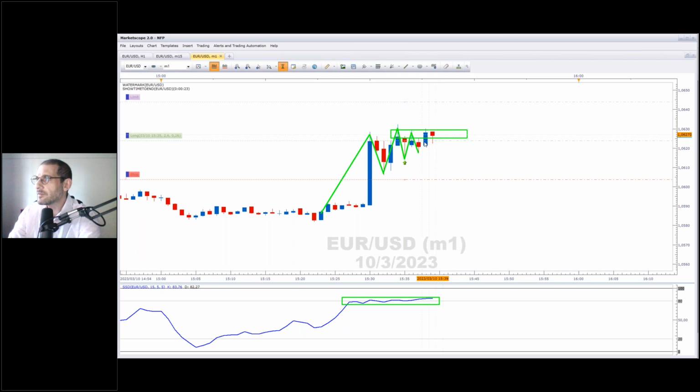Okay, still stuck in the middle of resistance here. This resistance really strong. Oh, there was a gap down. Yeah, that's not good.